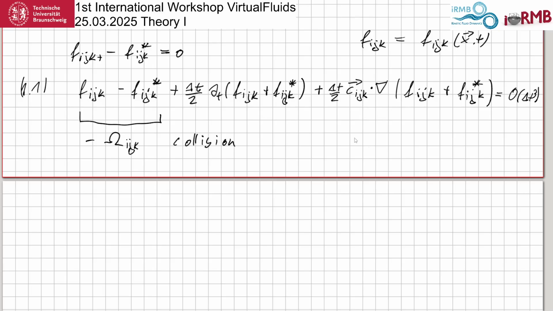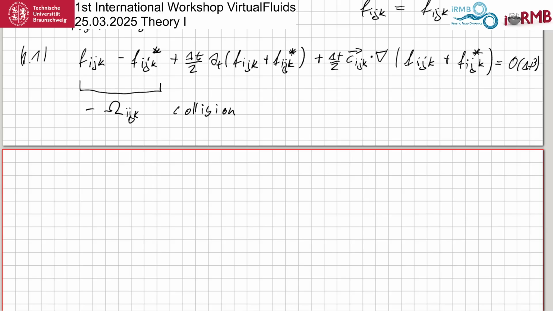It's a little bit complicated, so I try to simplify it somewhat in maybe a little bit unconventional way. What we usually do, what we almost always do, is we have a relaxation type collision, meaning we assume that there is something like an equilibrium.